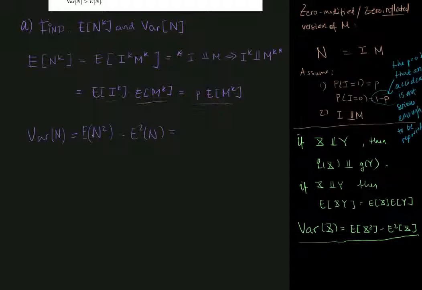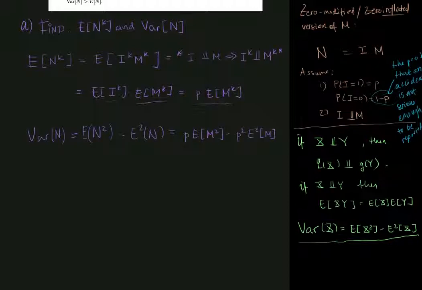The second moment of n we can find from earlier in the exercise. It's p multiplied by the second moment of m. And the mean of n is p multiplied by the mean of m, which we have to take squared. So that gives us p squared multiplied by the mean of m squared.